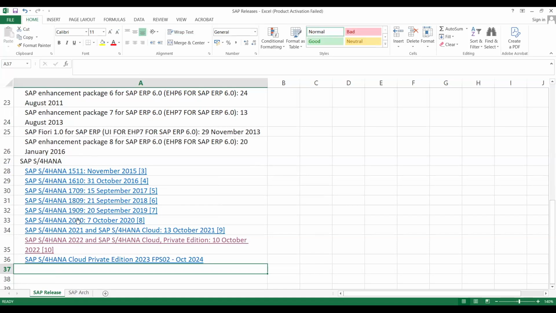So these are the releases till 2019, sorry, where the release year and month were the combination of the version.